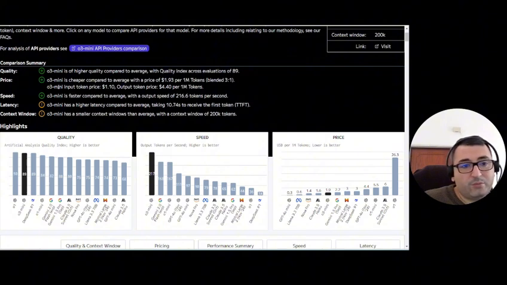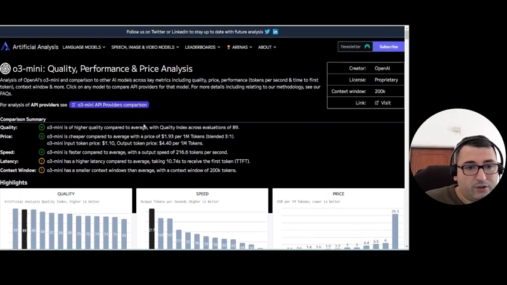O3 Mini is cheaper compared to average, with a price of 1.93 per 1 million tokens. The input token price is 1.10 and the output price is 4.4 per 1 million tokens. It is faster compared to the average, with output given very fast, has a higher latency compared to average, and has a smaller context window than average.